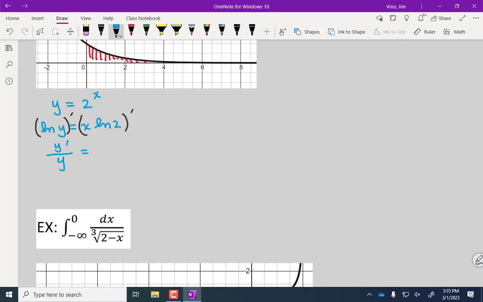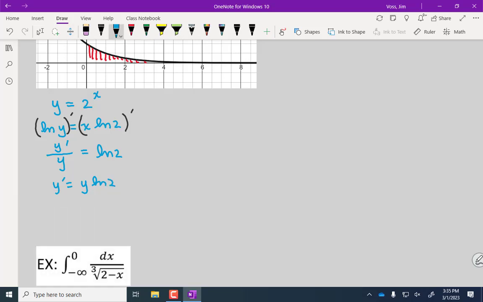Natural log of 2. Right, that's just a constant times x. And so then we isolate the y prime, and we get y times natural log of 2, and we look back up, and y was equal to 2 to the x. So that's why we use natural log, because that's what happens with log differentiation. So there we have it.